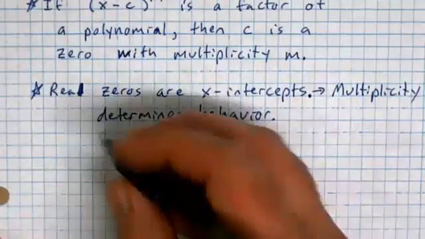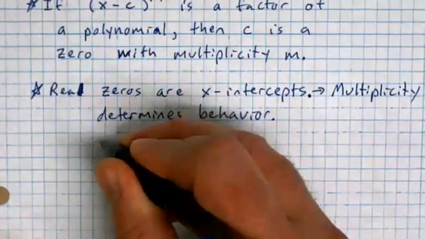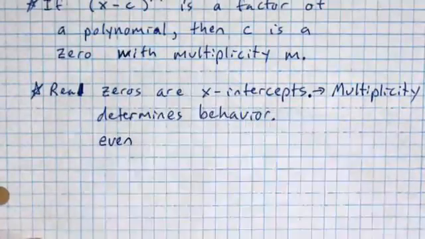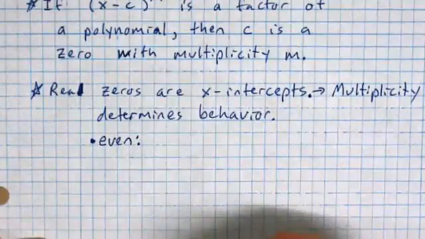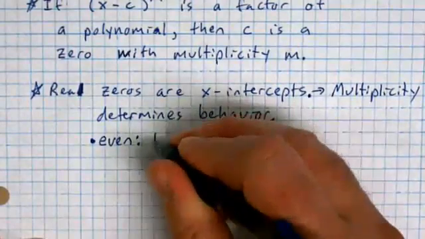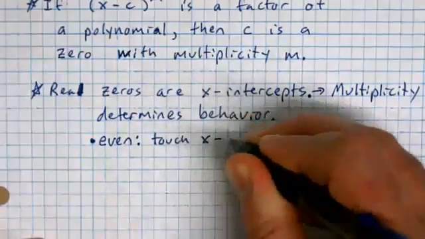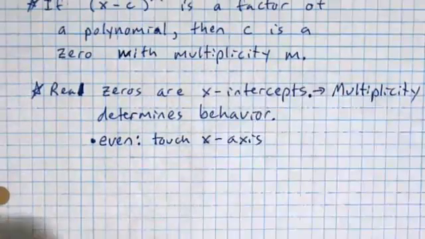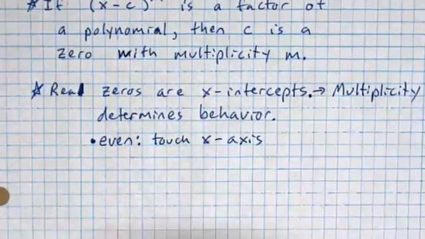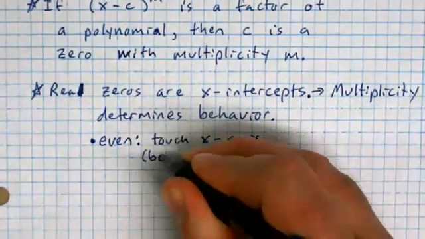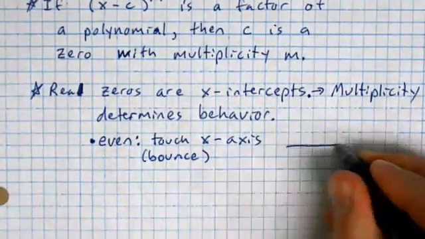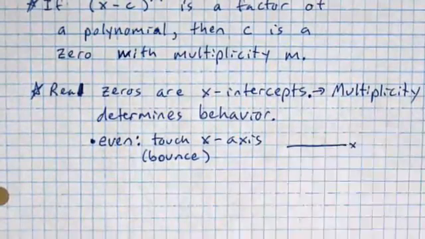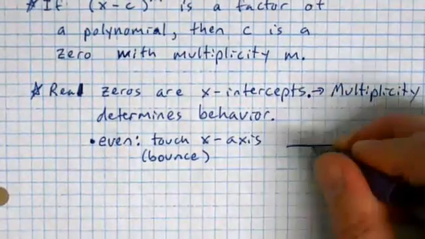So here's what I mean by this. If you have even multiplicity for a particular zero, that means you're going to touch or bounce off the x-axis. Some people use bounce instead of touch. So imagine that's my x-axis and I've got a polynomial and there's a zero right here.